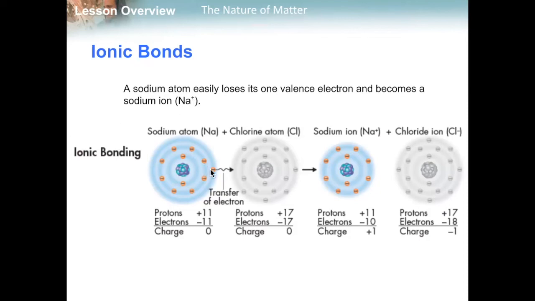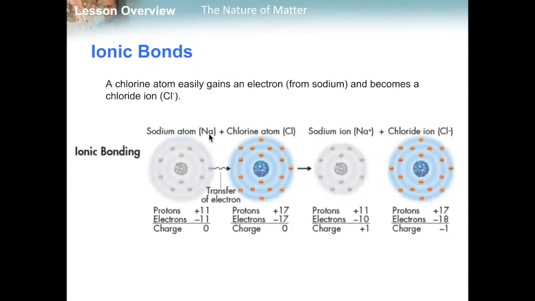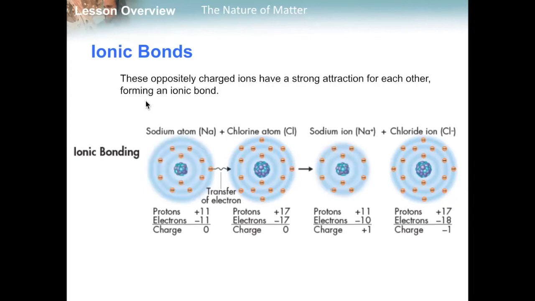As it loses an electron, it has an imbalance of +1. A chlorine atom easily gains an electron from sodium and becomes a chlorine ion, Cl-, because it has an extra electron. These oppositely charged ions have a strong attraction to each other, forming an ionic bond, plus and minus.